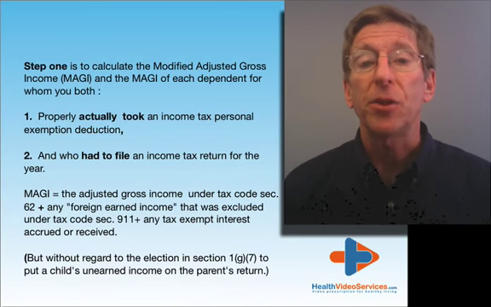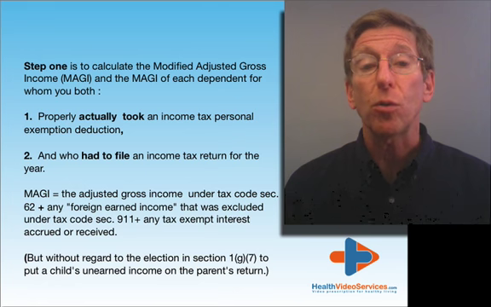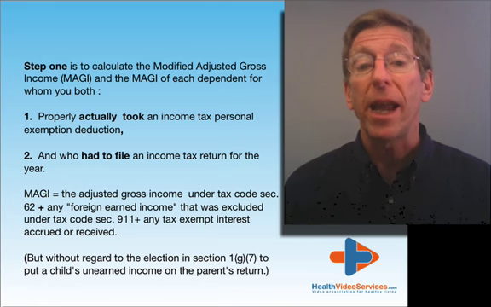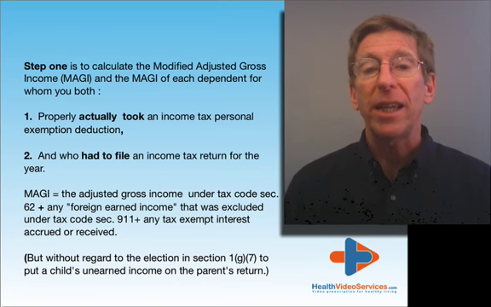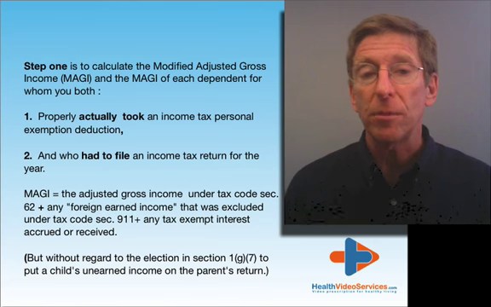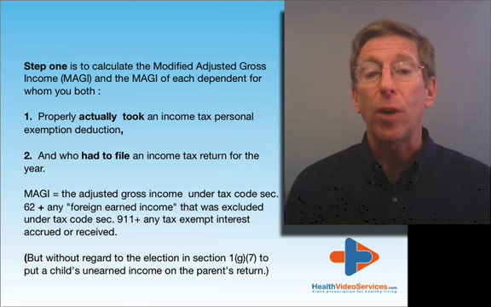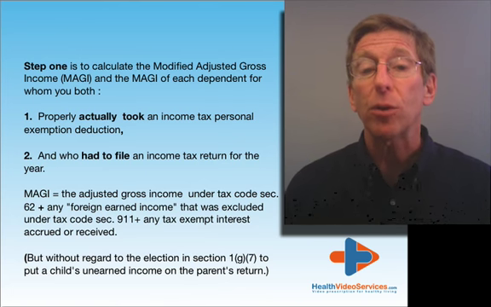Step 1 is to calculate the modified adjusted gross income, or MAGI, and the MAGI of each dependent for whom you both properly actually took an income tax personal exemption deduction and who had to file an income tax return for that year.